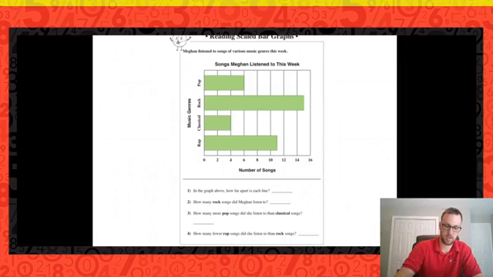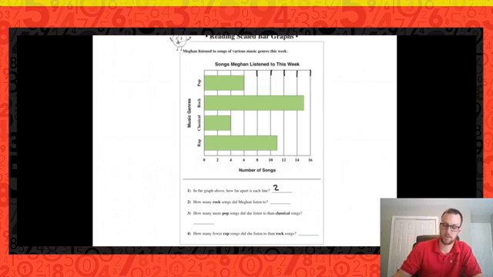How far apart are each of these lines? 2. Yep, so every line represents 2.